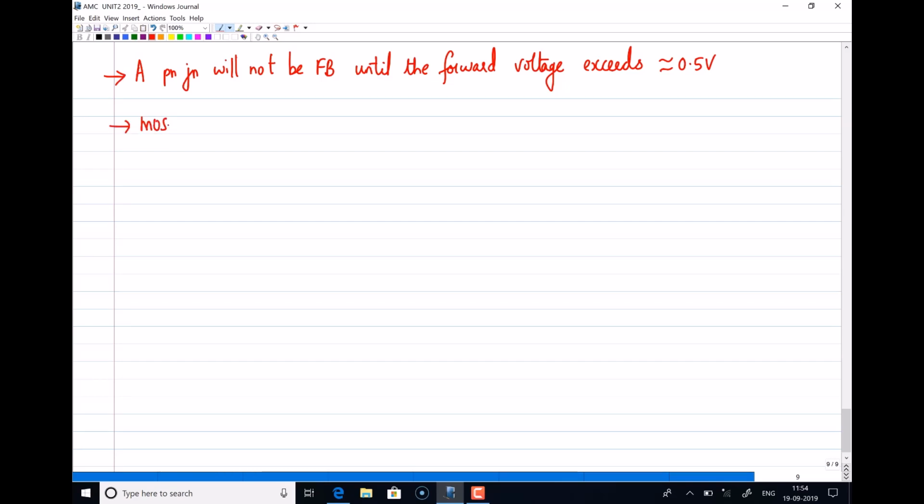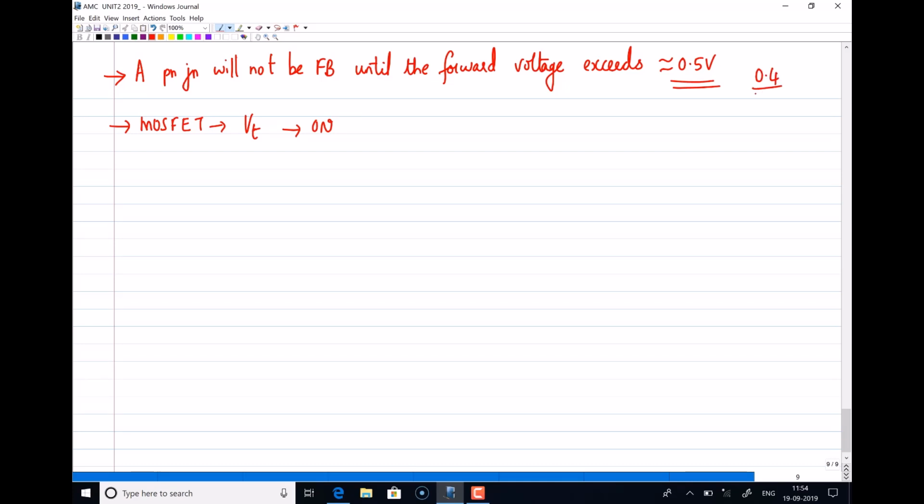This is observed. Now in the case of MOSFET, it is obvious that you have a threshold voltage. In MOSFET, we always talk about a threshold voltage VT, and only when your VGS crosses VT, the MOSFET turns on. Similarly, for a PN junction, the junction will not be forward biased until it reaches a particular forward voltage. Typically that voltage is 0.5.